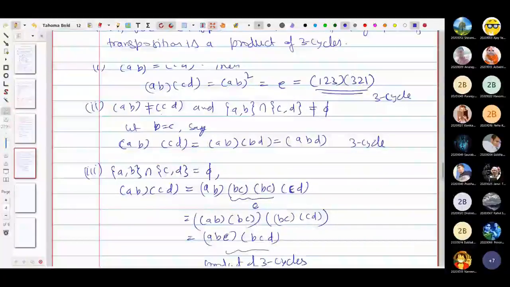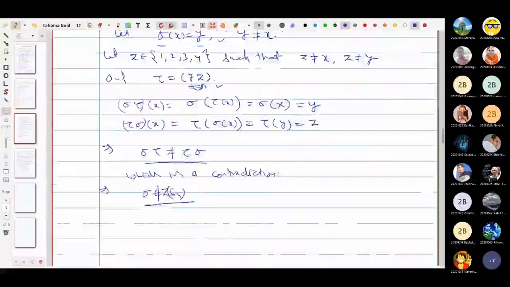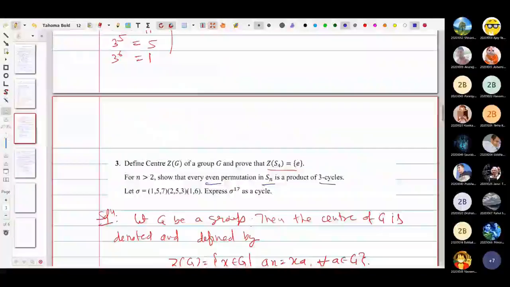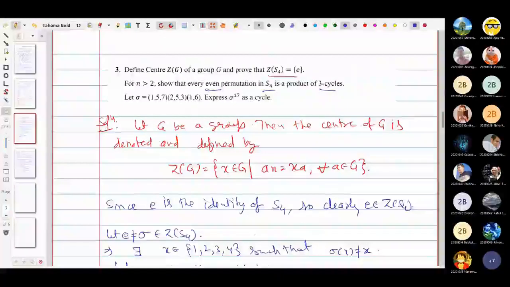Next, there is another part. They have given that sigma is some permutation, and they want to express sigma to the power 17 as a cycle.